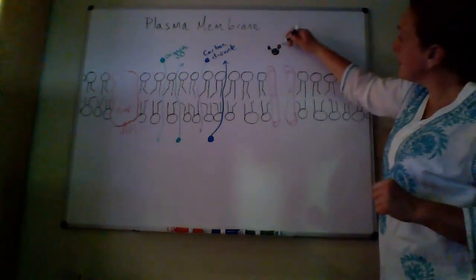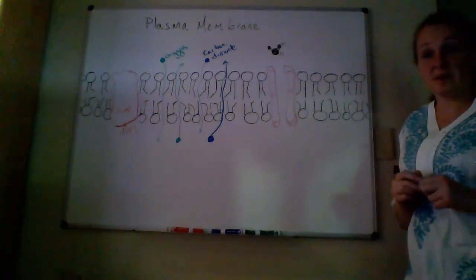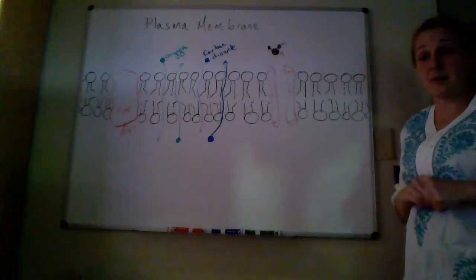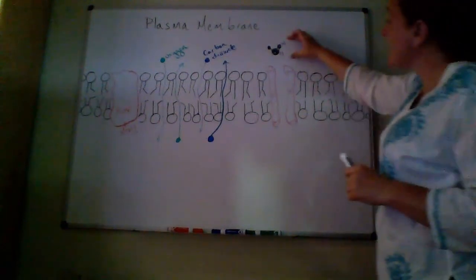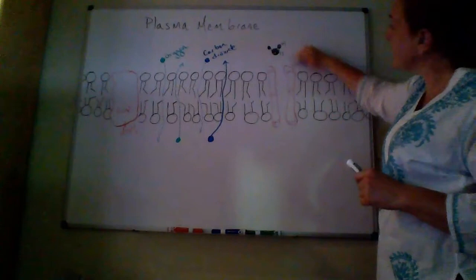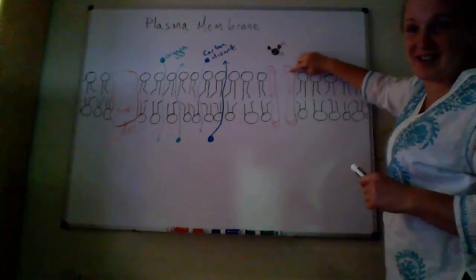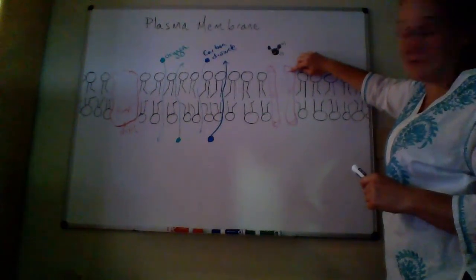This shape is important in addition to the polarity of the water molecule. So what happens is, as our water molecule gets close to our aquaporin, that positive hydrogen gets attracted to this negative part of our protein.